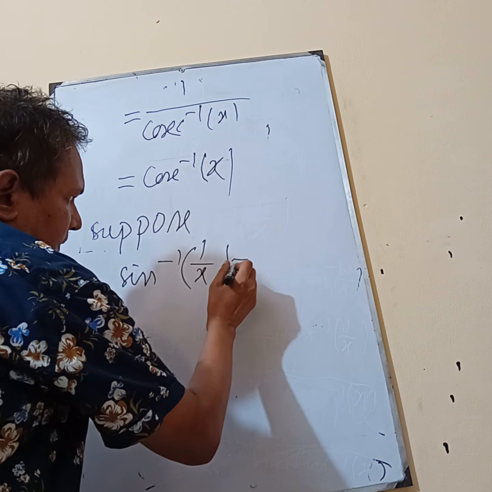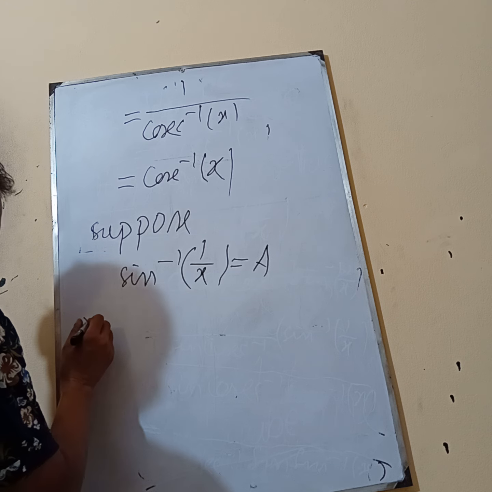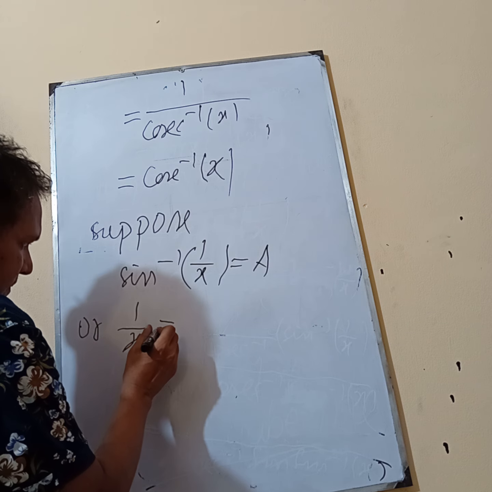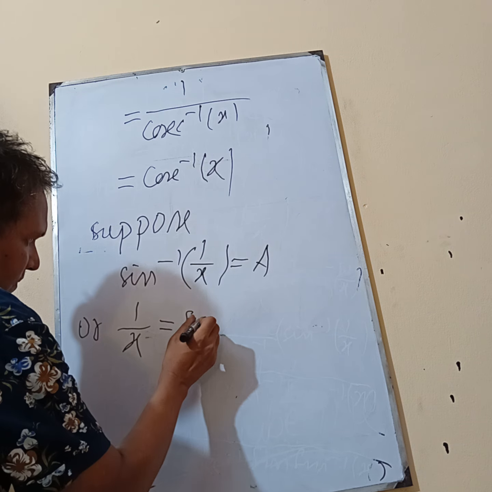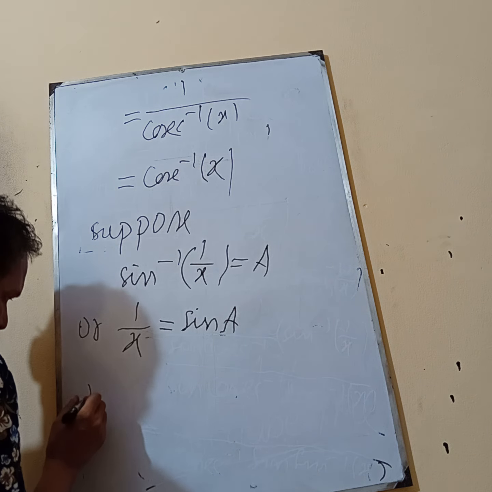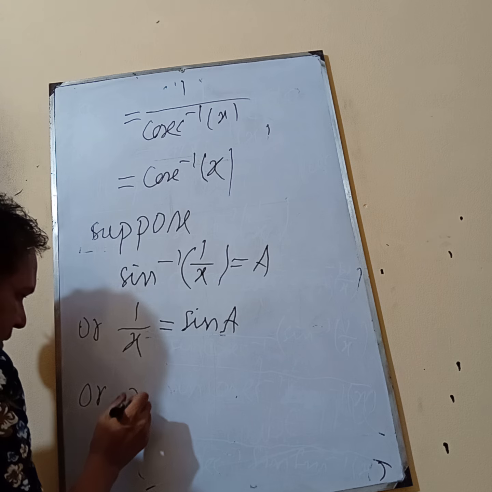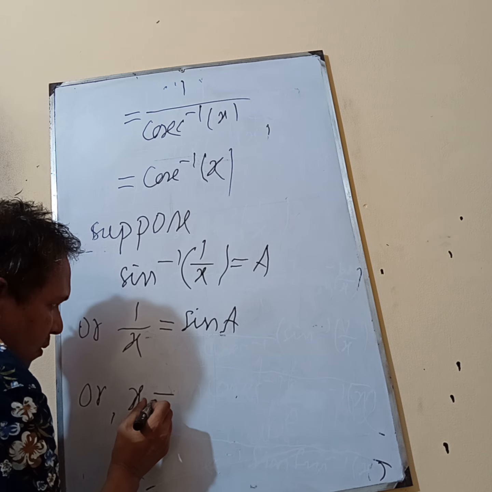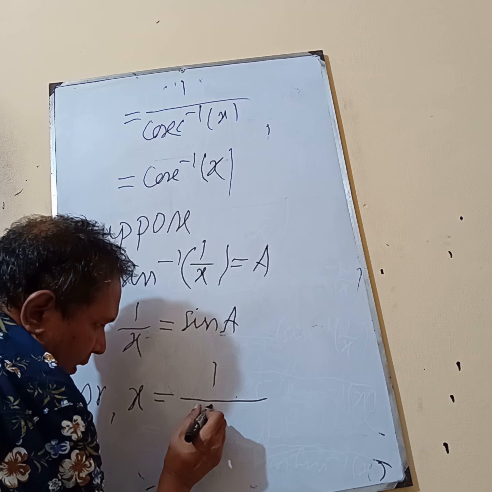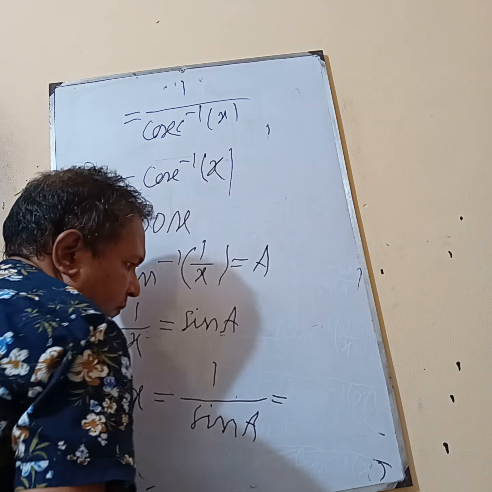So 1 by x is equal to sin a, or x is equal to 1 by sin a, which is cosec a.